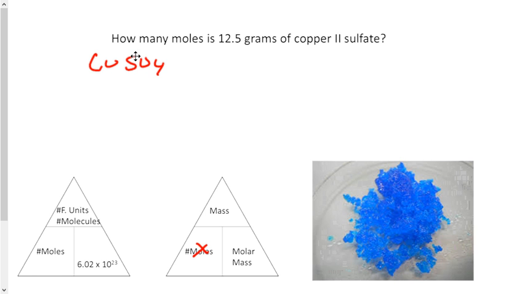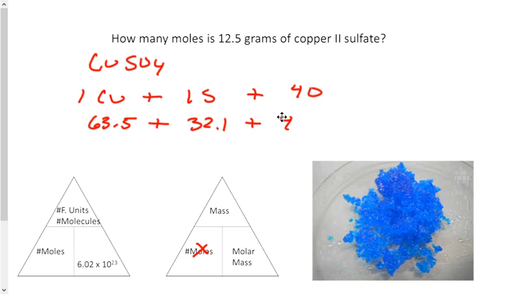But let's go back to copper sulfate. We do need to get its molar mass. I see that there's 1 copper, and we're going to add 1 sulfur plus 4 oxygens together. So if we look on the periodic table, copper is 63.5. And we have 1 sulfur. Sulfur is 32.1.